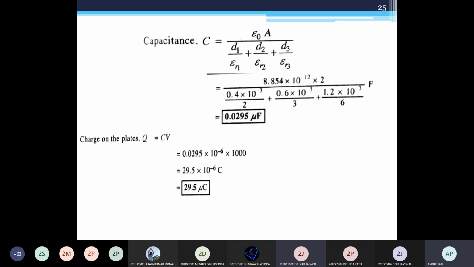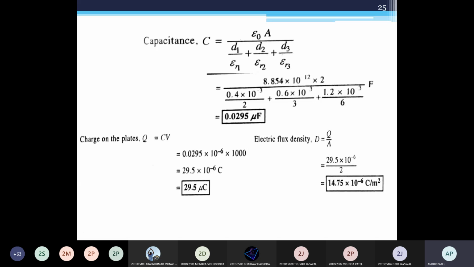So the answer is 14.75 into 10 raised to minus 6 coulomb per meter square. That is Q by A, 29.5 into 10 raised to minus 6 by 2. So the answer is 14.75 into 10 raised to minus 6 coulomb per meter square.